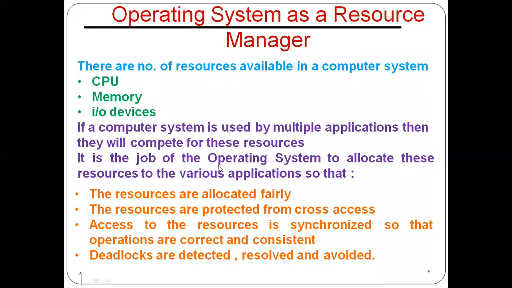So it is the job of the operating system to allocate these resources to the various applications, so that the resources are allocated fairly and protected from cross access. Access to the resources is synchronized, so that operations are correct and consistent.